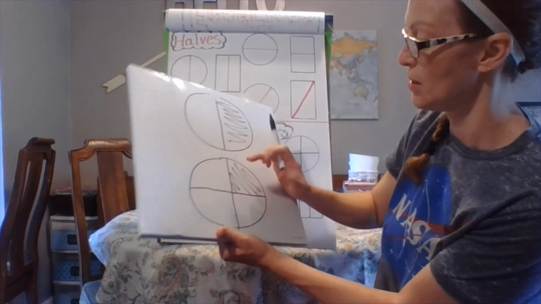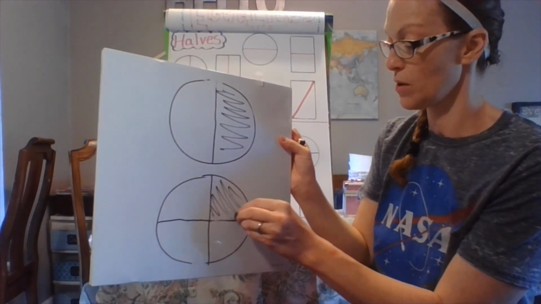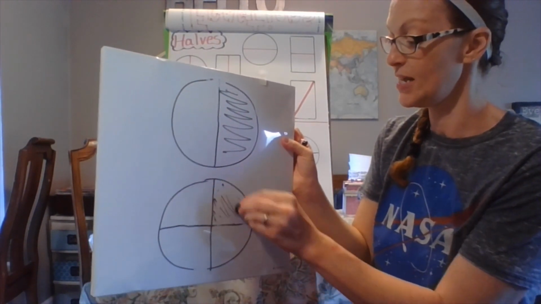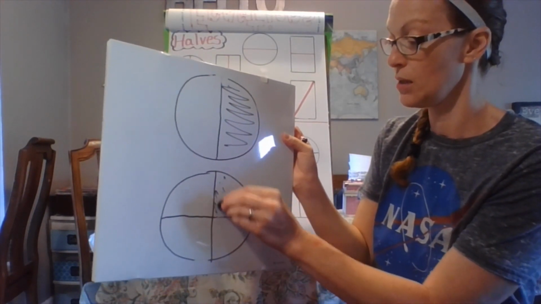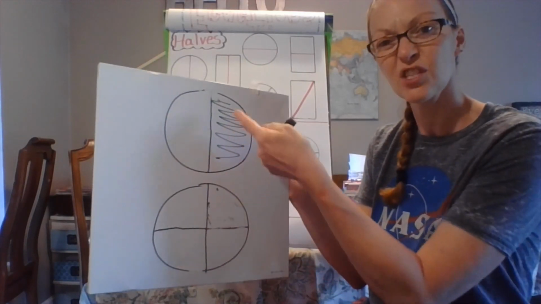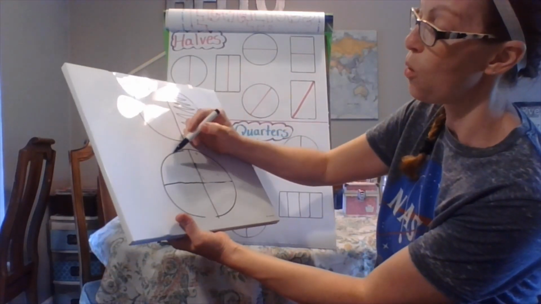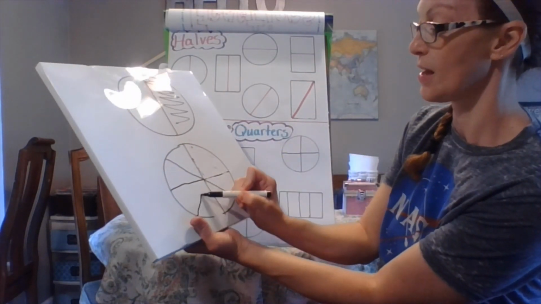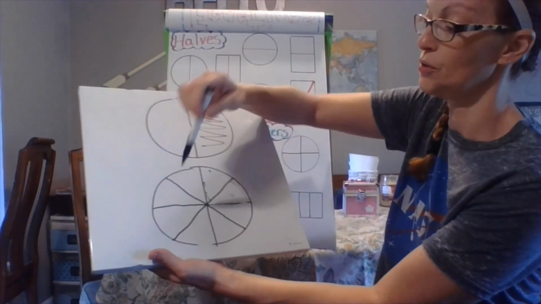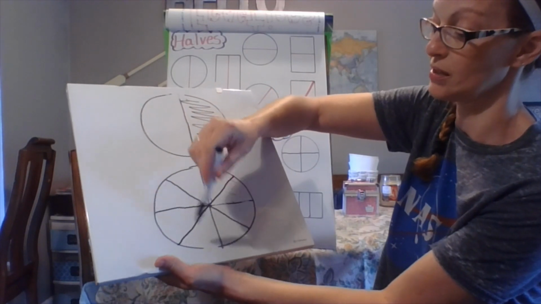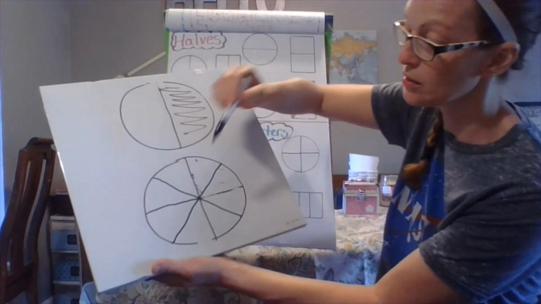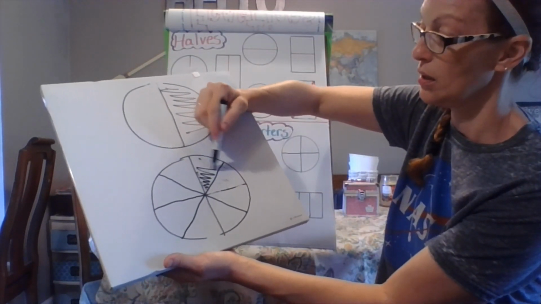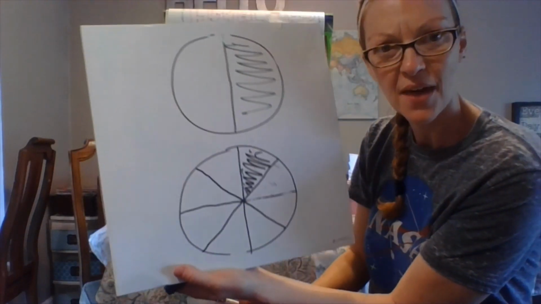Because watch, let me erase this quarter. Watch what happens. So I divided it into 4 equal parts, and they're smaller than the half. But what if I kept dividing them into 1, 2, 3, 4, 5, 6, 7, 8 equal parts? Look at the size of that.